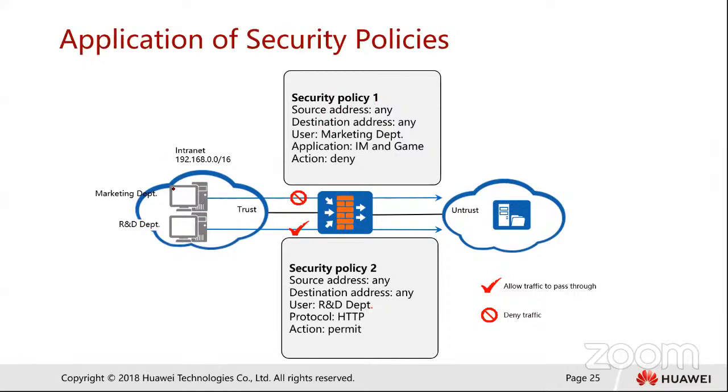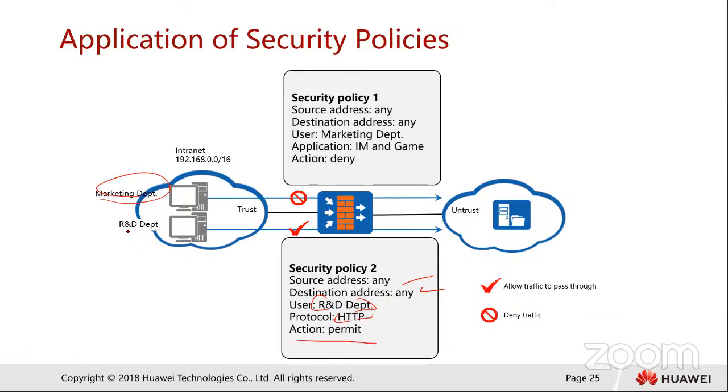But anyway, before we get there, we have our marketing guy here, and security policy 2 says source address any, and if it's going to any, and if the user is in the R and D department, using the HTTP protocol, we permit.